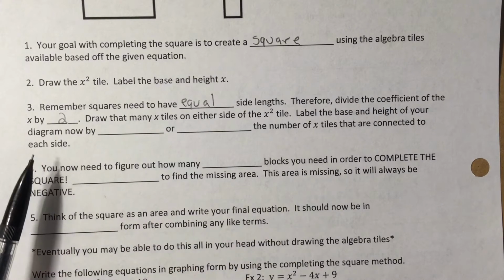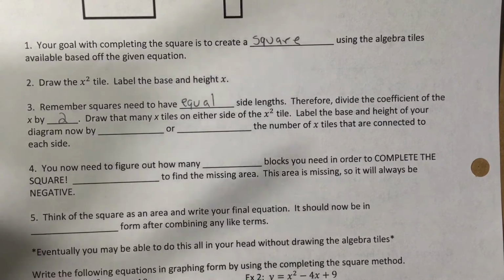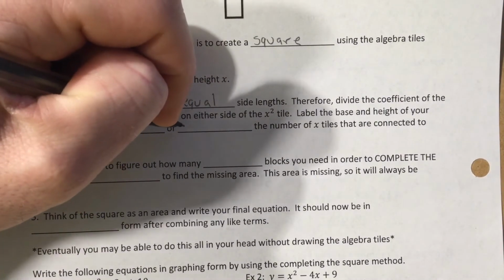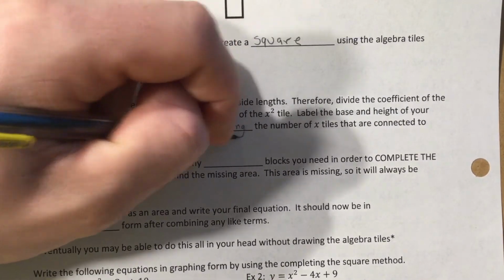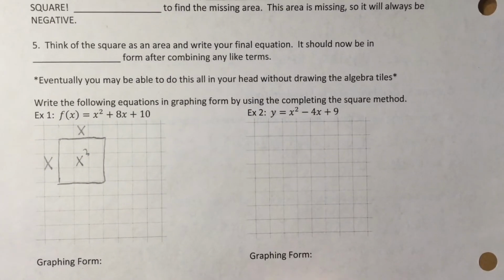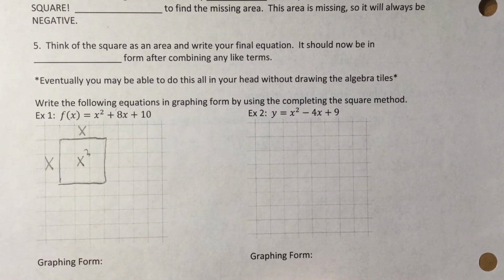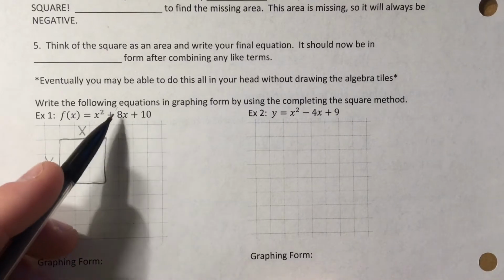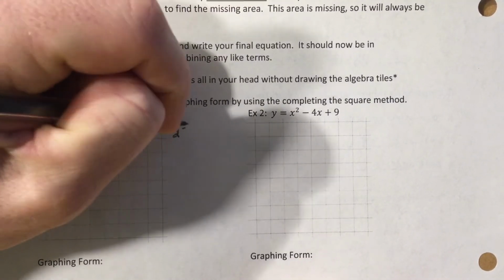Label the base and height of your diagram now by adding or subtracting the number of x tiles that are connected to each side. So again, we're trying to make this into a square. So the coefficient of the x is right here. You're always going to divide that in 2, because we have 2 sides that we have to go off of, here and here. So 8 divided by 2 is 4.